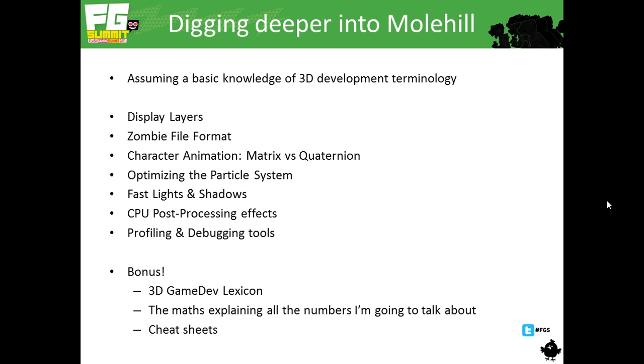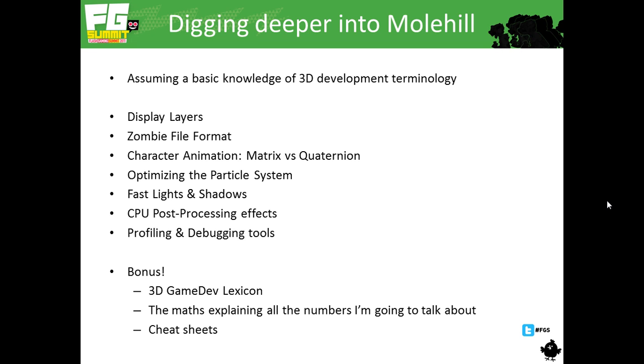Then CPU post-processing effects: how it is possible to take what is rendered on the GPU and do CPU stuff with it. And finally, I'm going to talk about the tools available for classic profiling and also for the new 3D profiling and debugging. So what tools are there?